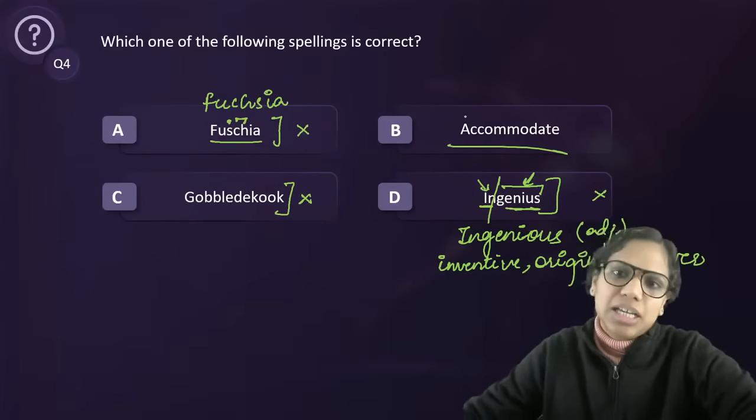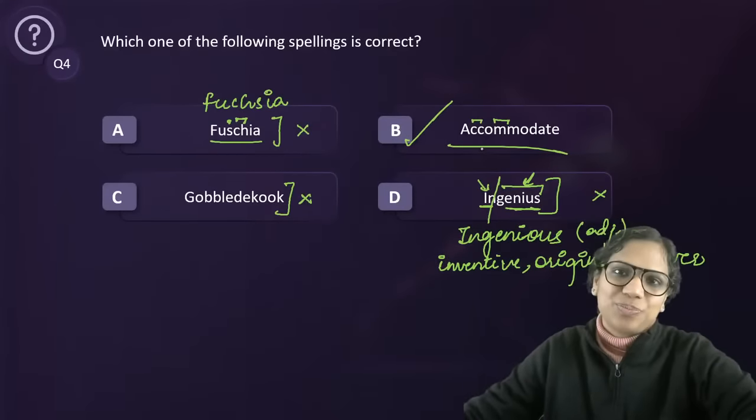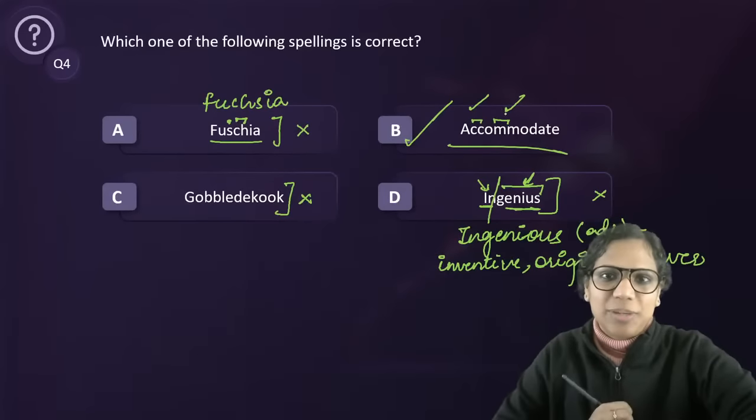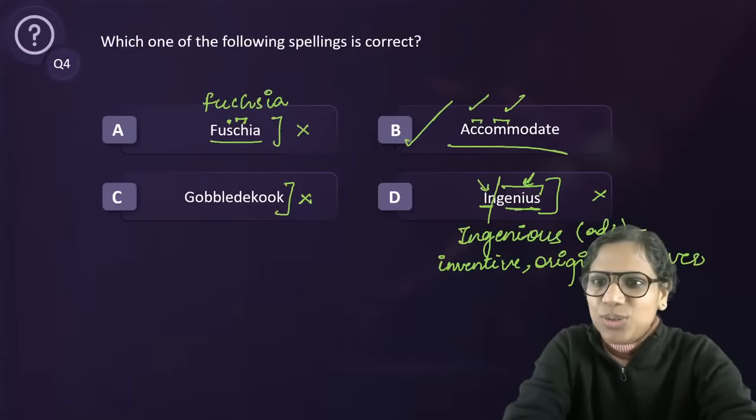So even this is incorrect here. Accommodate is absolutely fine. Double C and double N. B, Bangalore is the answer here. Hope this is clear to you. Very good, very good. Okay.